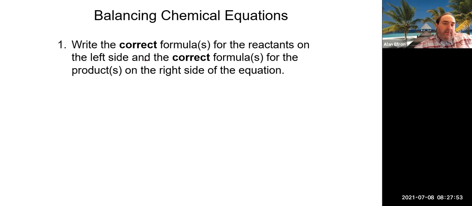It's not too bad when you're given everything in words, but this will happen in this class: you'll be given the reactants and need to predict what's going to be on the product side. People will go, oh, there's a 2 down here, and they'll try to write formulas and balance at the same time. Again, they'll usually end up with incorrect formulas on the right hand side, and then they're in trouble because it will never balance.